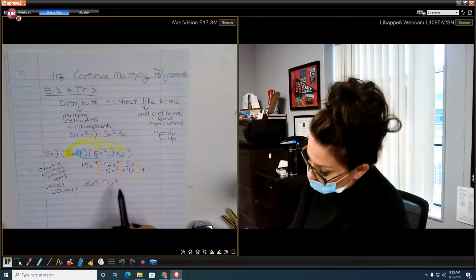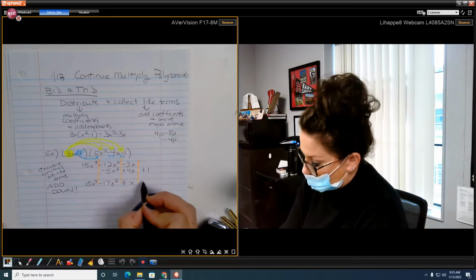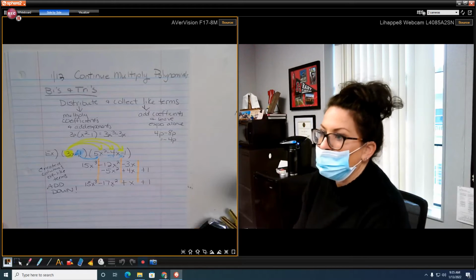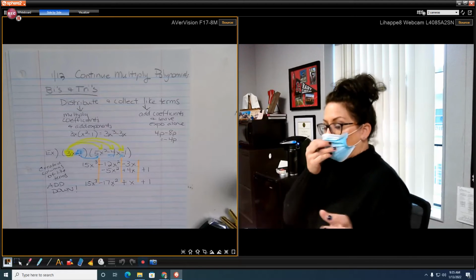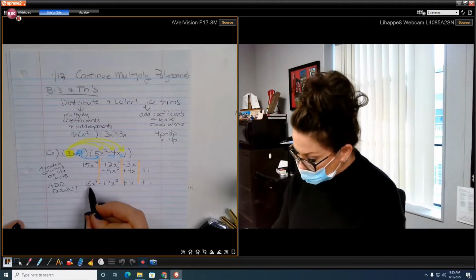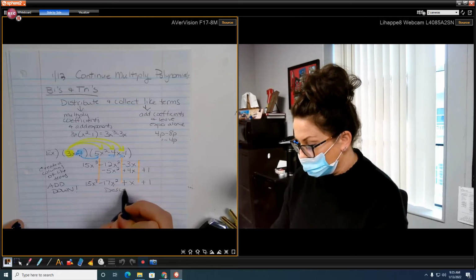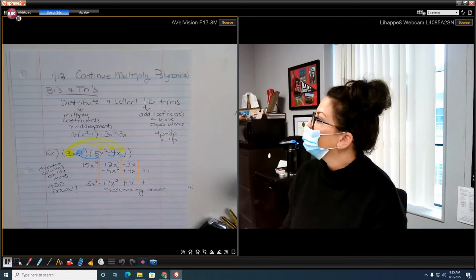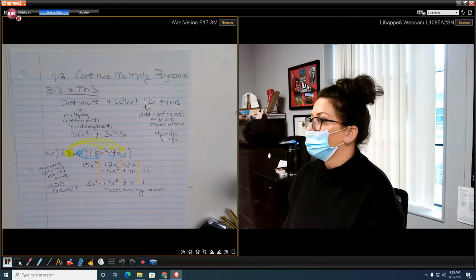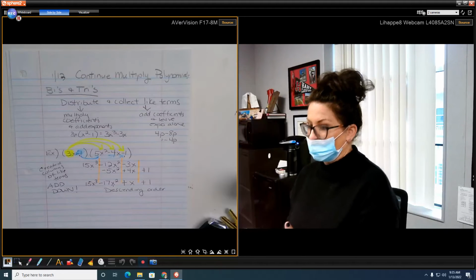It stays as x squared. And then we get a plus x, and then a positive 1. By organizing yourself in this manner, you guys, notice the final answer is already in descending order. And that's all there is to doing binomials and trinomials.